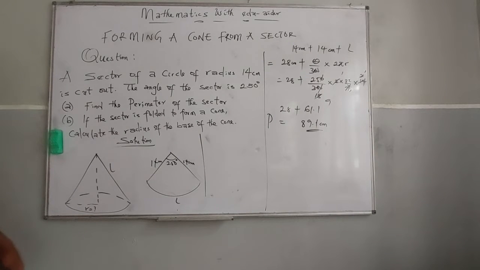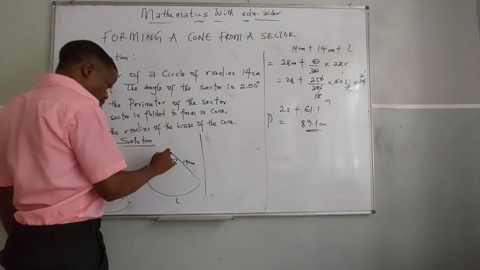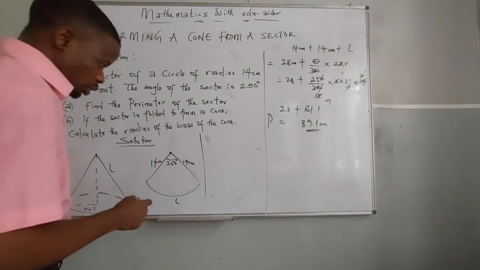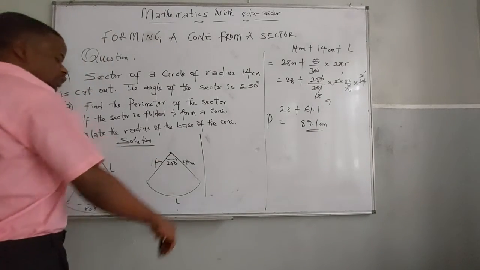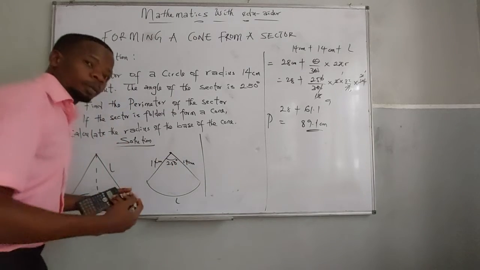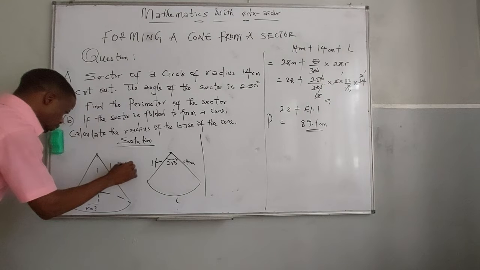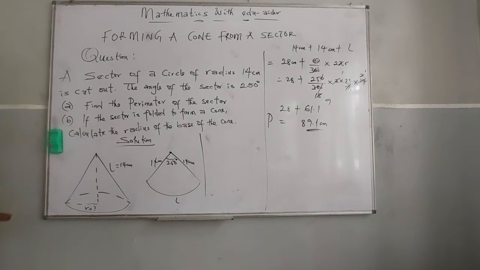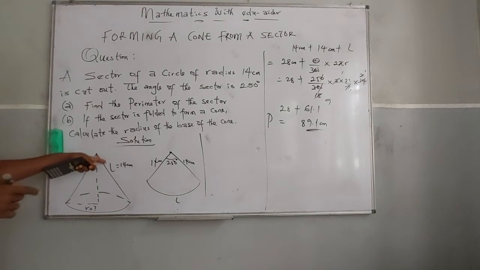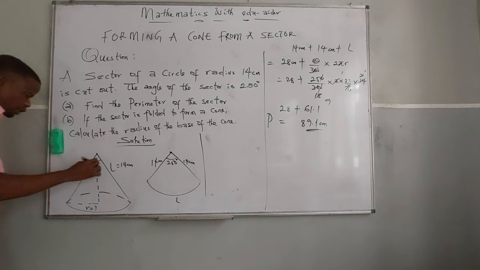Don't forget what I mentioned in my previous video: this is the radius of the sector. Once you fold this sector into each other to form a cone, this radius will now be the slant height of the cone. The cone maintains its angle 250 degrees.